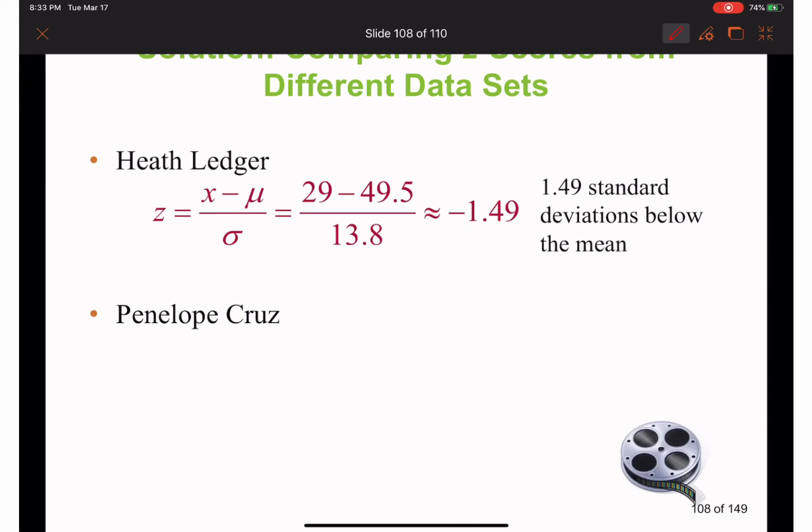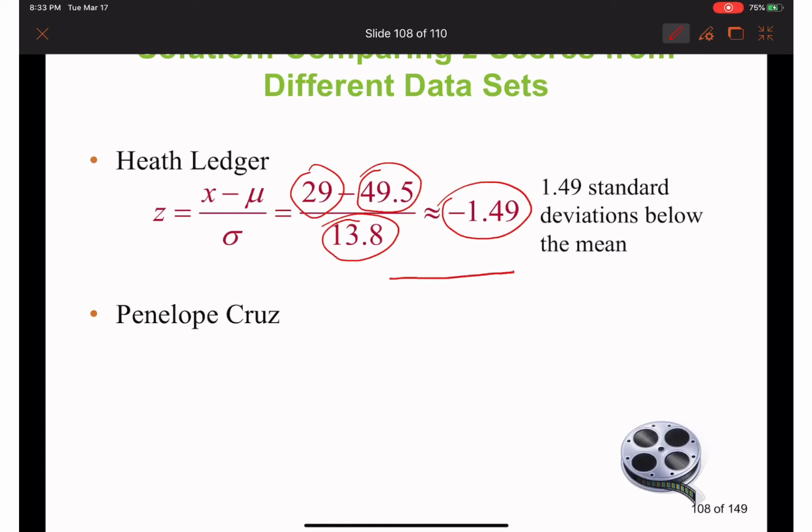So for Heath Ledger, the z-score is equal to X minus mu over sigma, where X was the age of Heath Ledger, 29, mu was the average age for men winning the Oscar, 49.5, and standard deviation 13.8. Once we solve it, we get a z-score of negative 1.49.